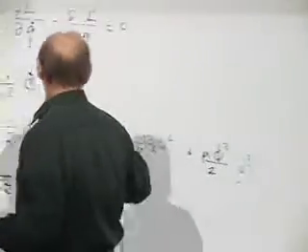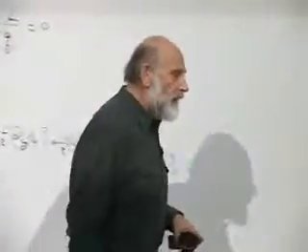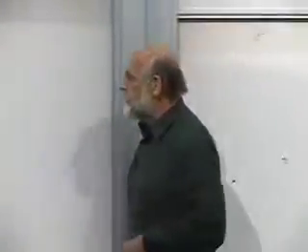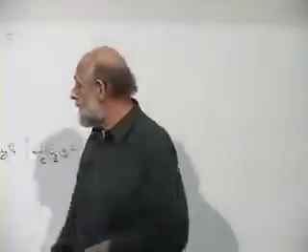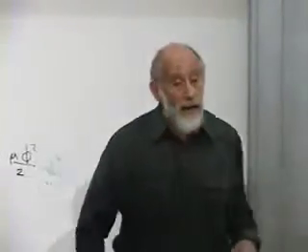Okay, so that's energetics. And if you go back to the original formulation of mechanics, in the quarter on mechanics, you'll discover that there's a derivation of the fact that kinetic energy plus potential energy is conserved if the problem is time translation invariant.